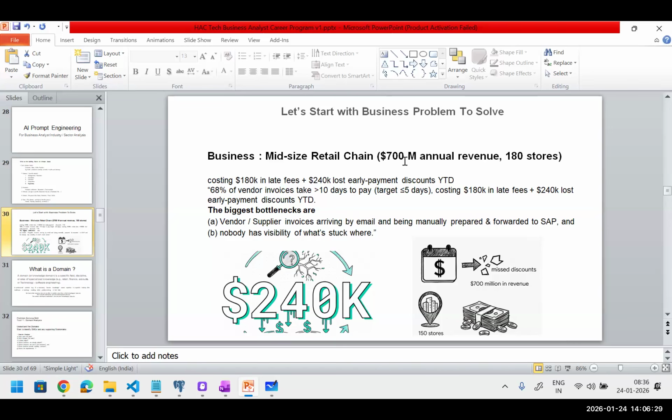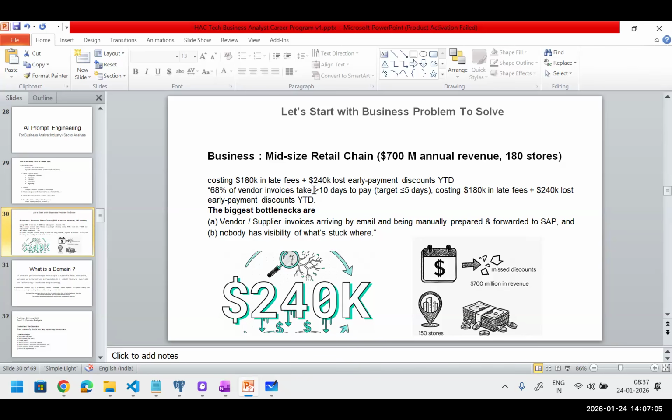Let's say a mid-size retail chain operating 180 stores with 700 million in revenue is facing one issue: they are losing money because of vendor payments. In e-commerce operations, procurement and inventory are very important.